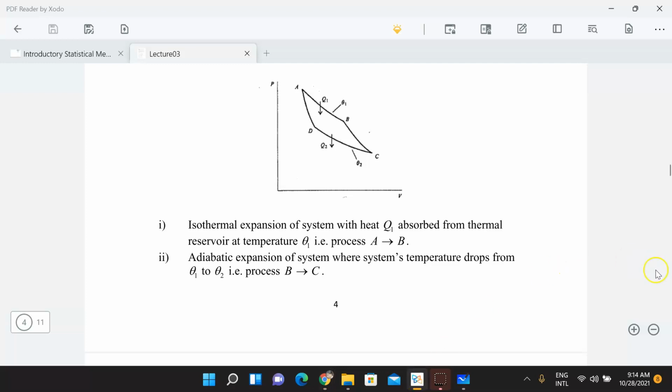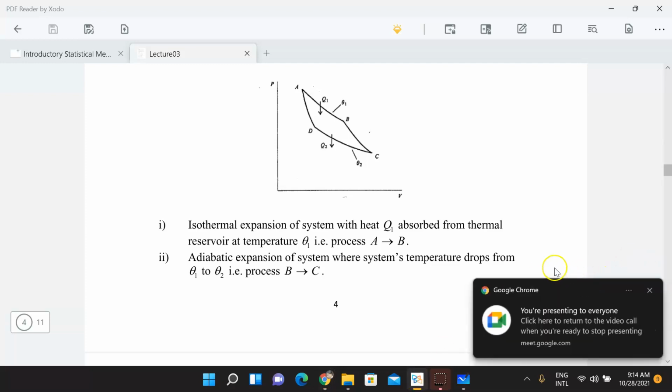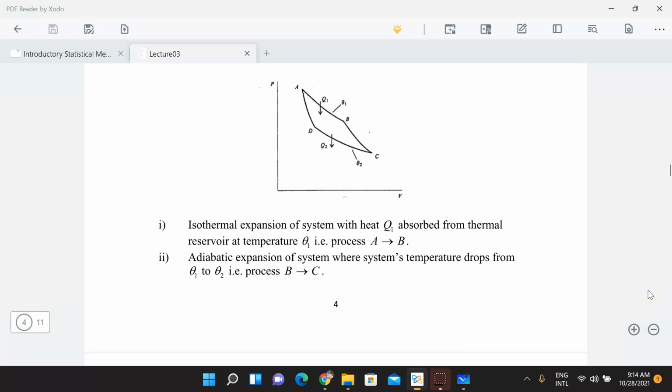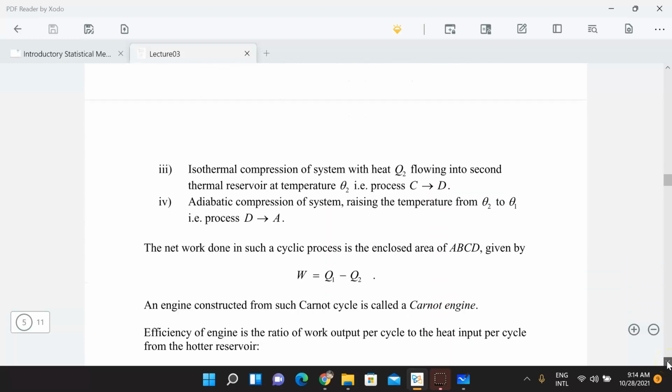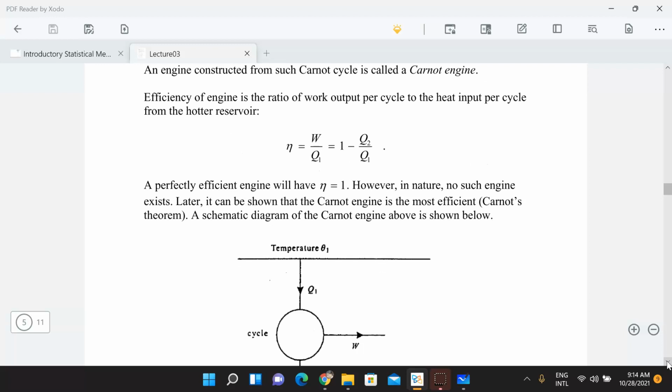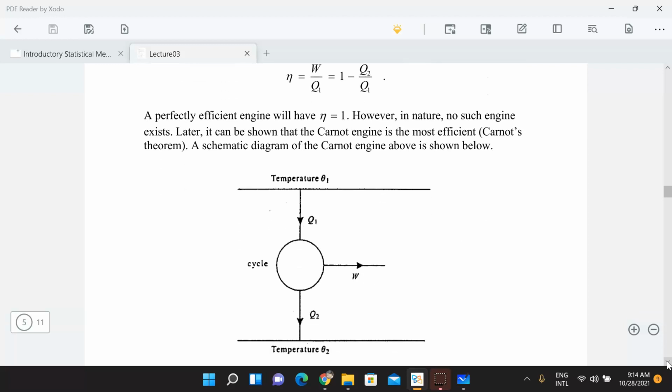We have done that, and then I mentioned that the Carnot cycle is composed of reversible processes.